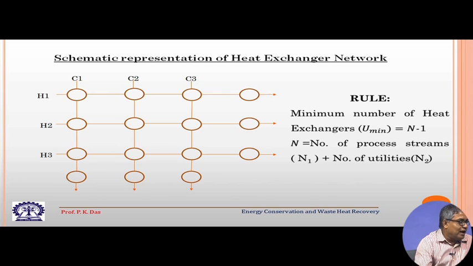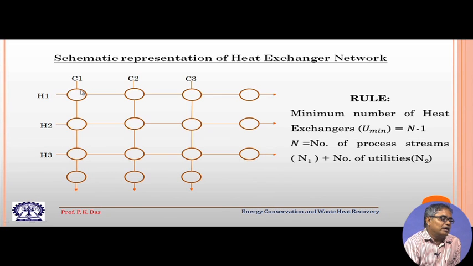So, how is it done? C1, C2, C3 are the typical cold streams represented in this figure. H1, H2, H3 are the typical hot streams represented. So, for C1, C1 will go to the target temperature. While achieving the target temperature, it will have different heat exchangers in between.